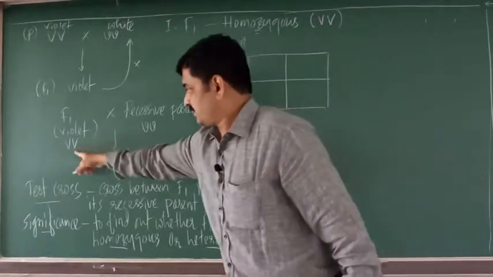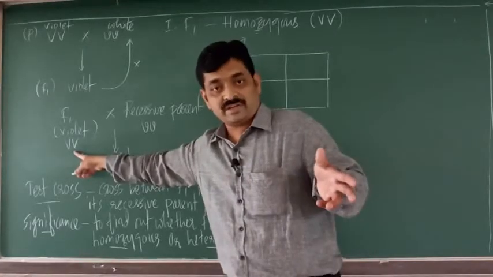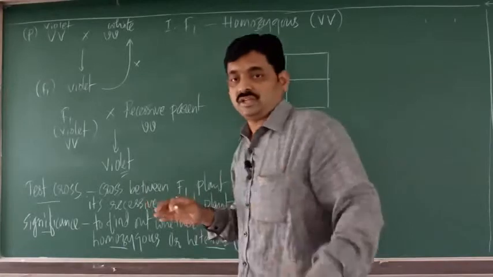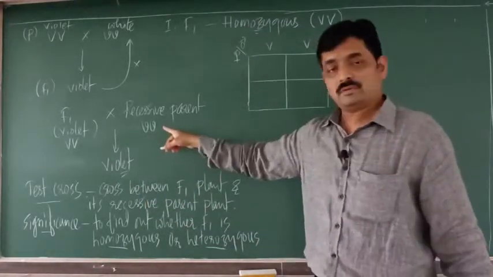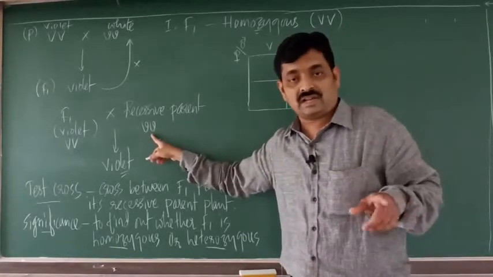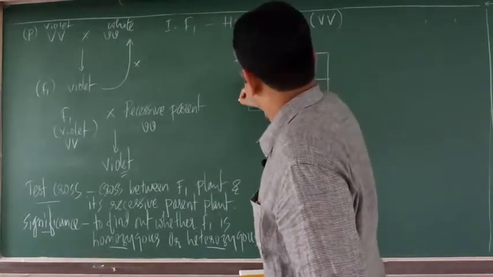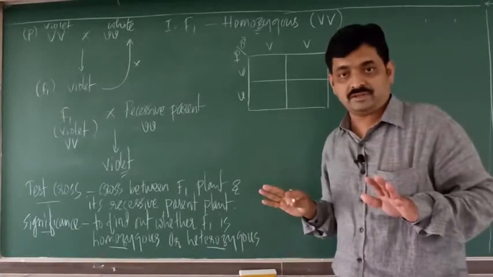So this is the genotype of the F1, both dominant genes. It will produce gametes. All gametes will have a dominant gene. So these are the gametes produced by F1. The recessive parent plant is also homozygous. All gametes will have a recessive gene, small v. So these are the gametes of the recessive parent plant. Fine.